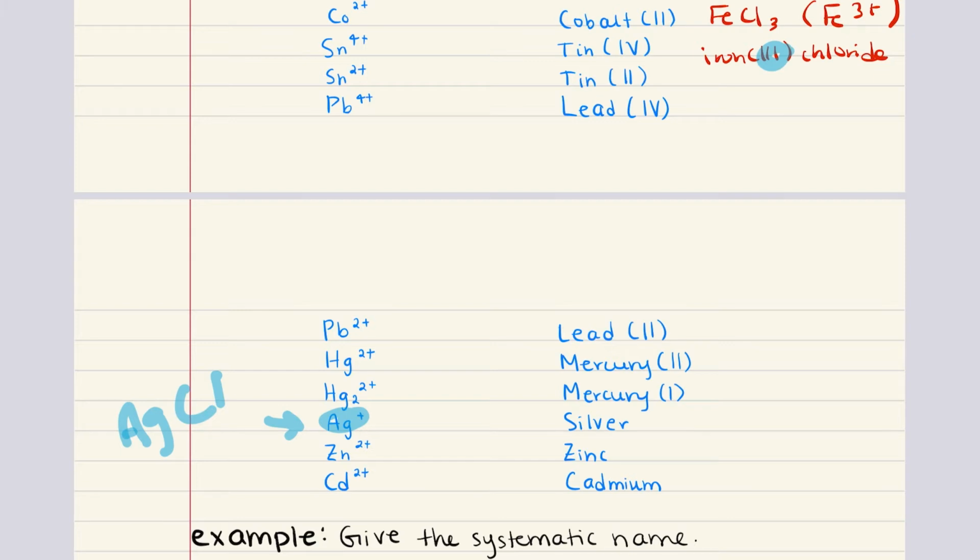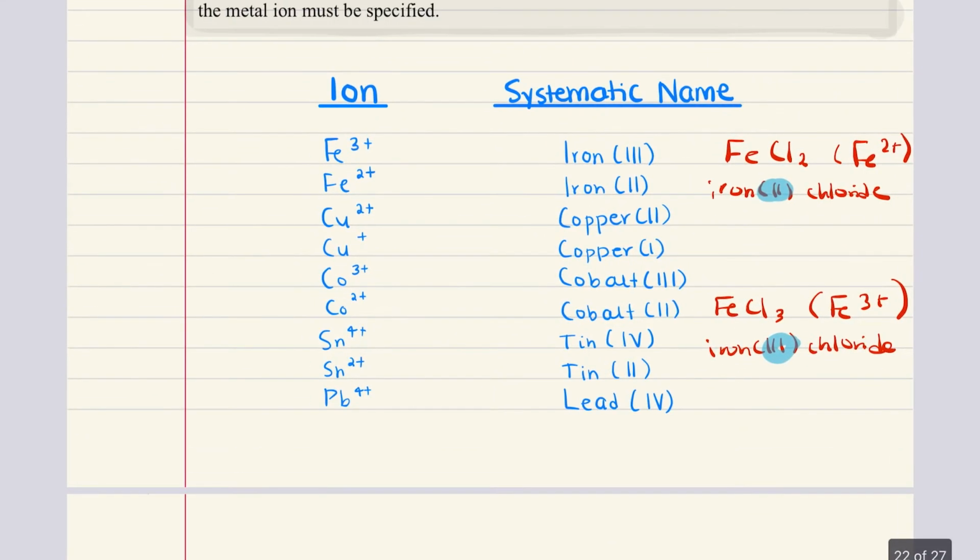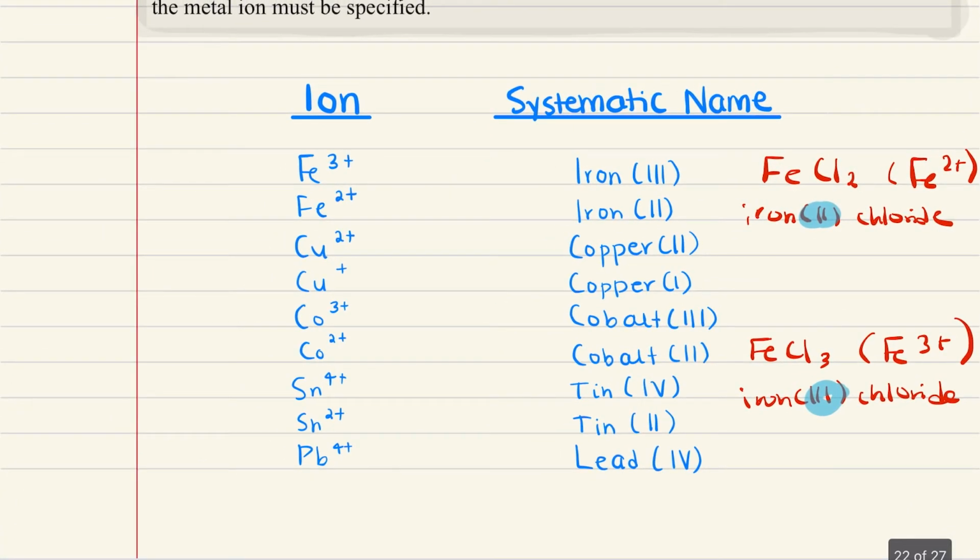Also, Roman numerals are not used with zinc compounds since zinc only forms zinc 2+ ions. Now, something else worth mentioning, I'm going to scroll back up here. Another system for naming these ionic compounds that is seen in the older literature was used for metals that form only 2 ions.